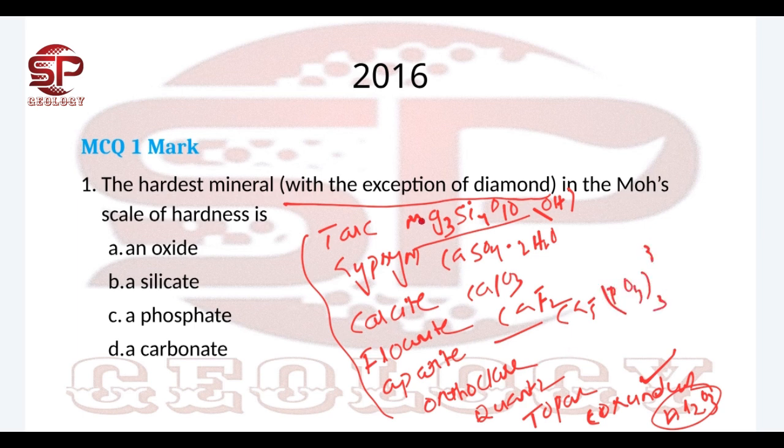If you remember the composition, then you can know which one is oxide, which one is silicate, which one is phosphate. Apatite is phosphate. Carbonate you will get CaCO3, calcium carbonate. Then silicate, in silicate you will get talc, that is Mg3Si4O10, OH group will be there.